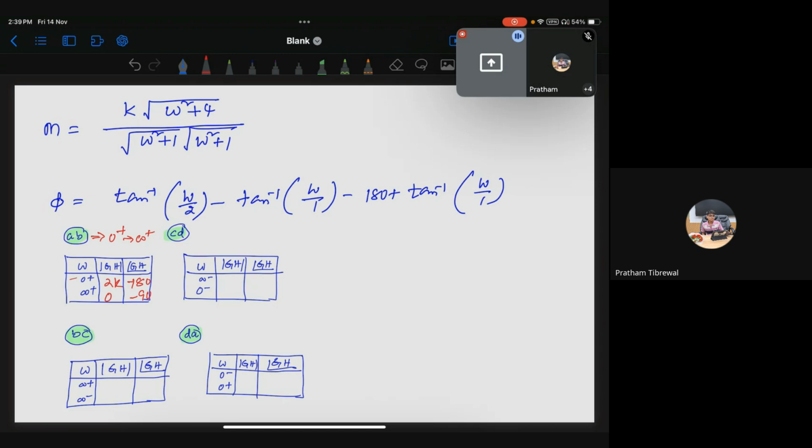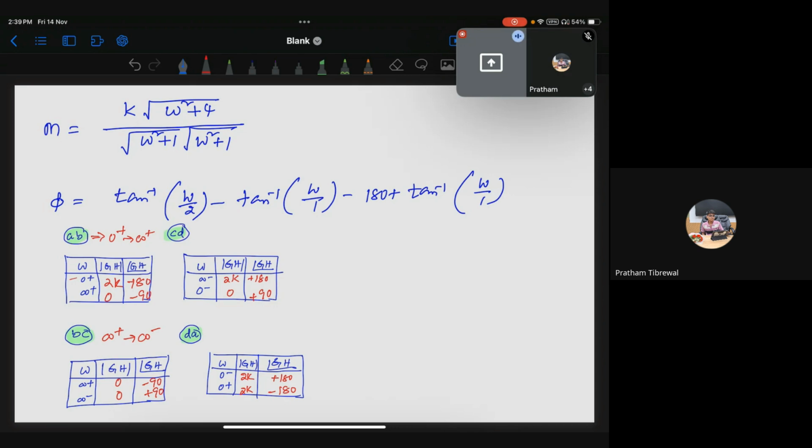Similarly the other values: in the BC part, that is infinity plus to infinity minus, that is 0, 0 minus 90 plus 90. Then here 2K plus 180, 0 plus 90. Here you'll get 2K plus 180, 2K minus 180.